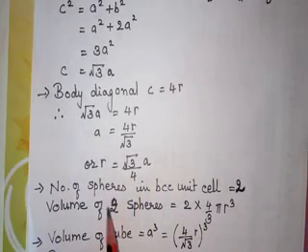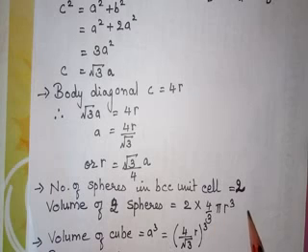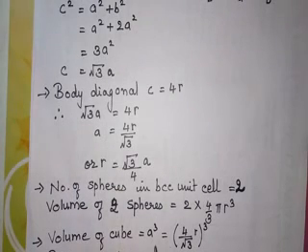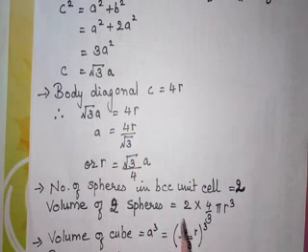Now the number of spheres in BCC unit cell is equal to 2. The volume of one sphere is 4 by 3 pi r cube, so two spheres will be 2 into 4 by 3 pi r cube. Now the unit cell is a cube, so the value of a over here is 4 by root 3 r, so the volume will be 4 by root 3 r whole cube.